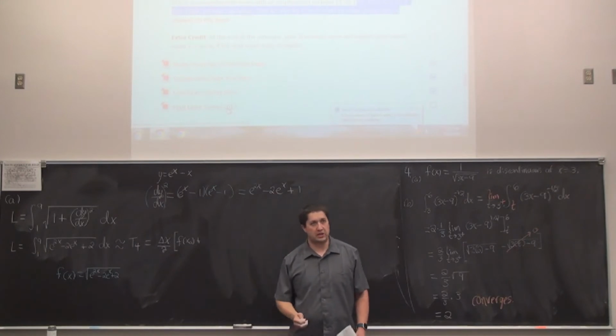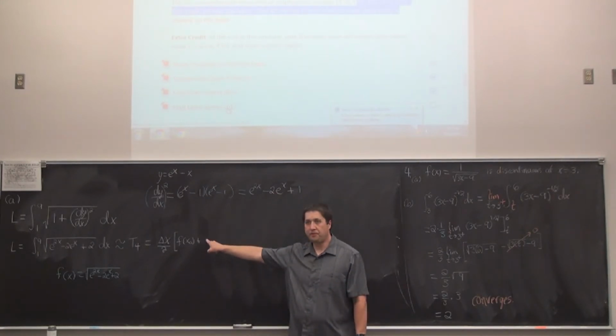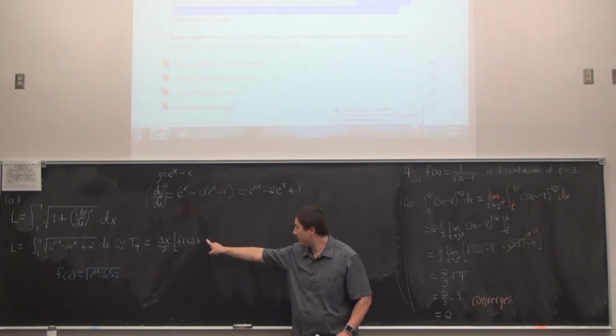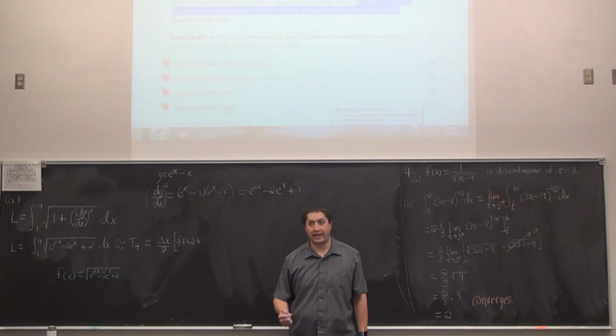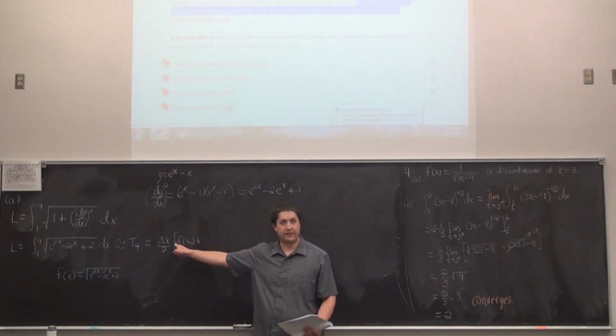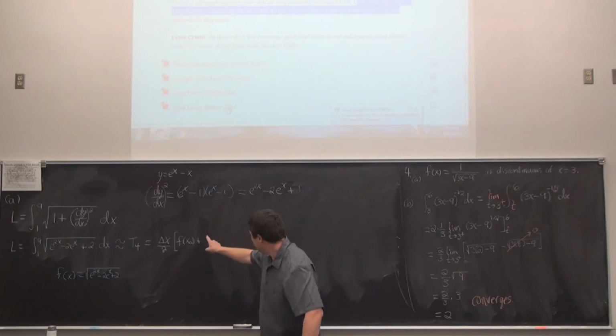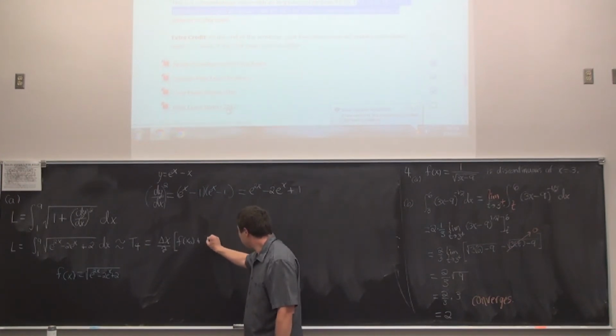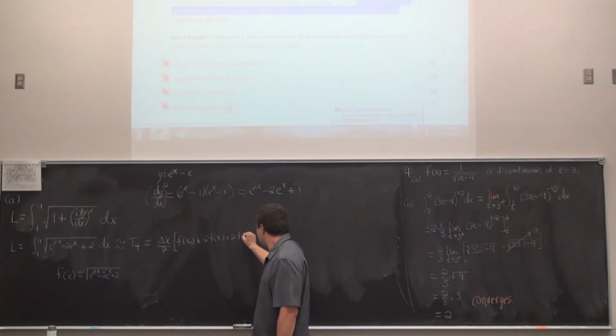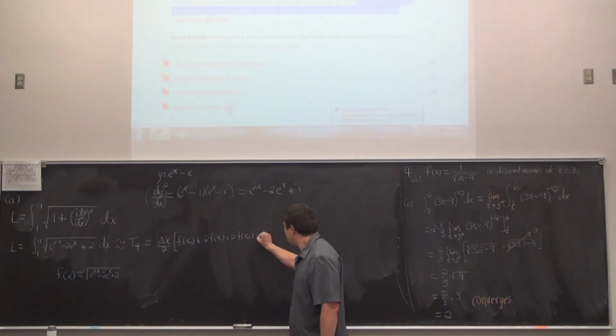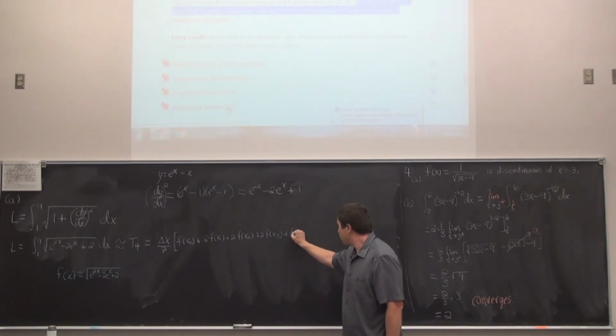And the pattern for this one is very similar to Simpson's rule, except the middle terms are just going to have coefficients of 2 all the way down the line, coefficients of 1 on the very ends. So instead of going 4, 2, 4, 2, ending with a 4, we'll just go 2 f at x1, 2 f at x2, 2 f at x3. We're ending at f at x4.